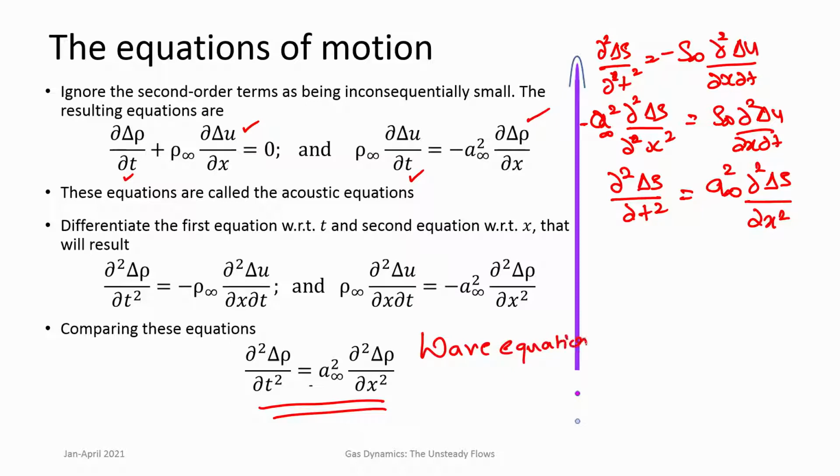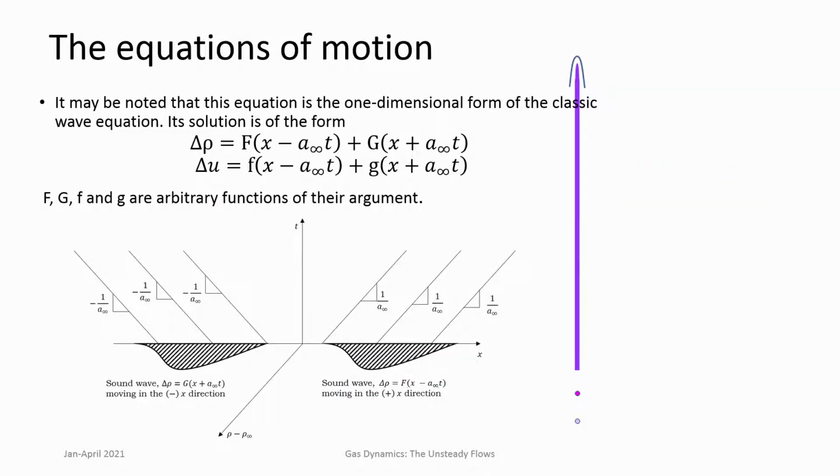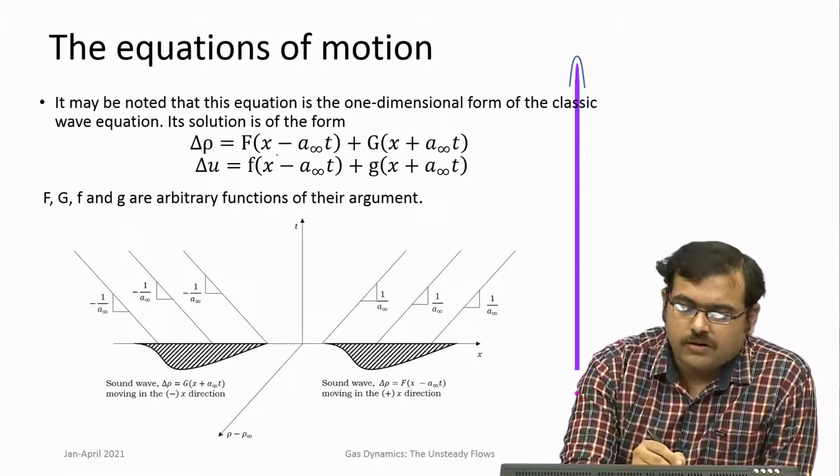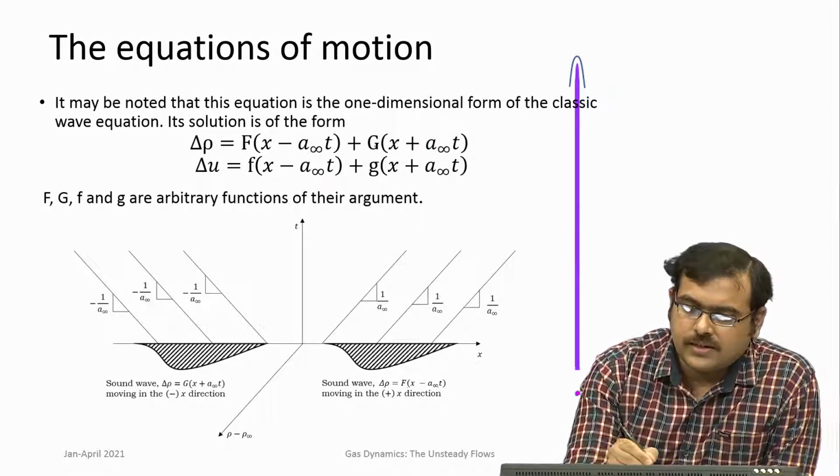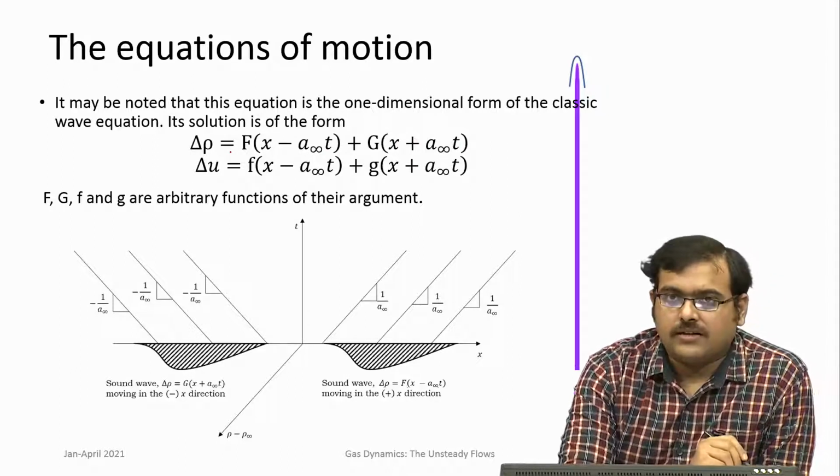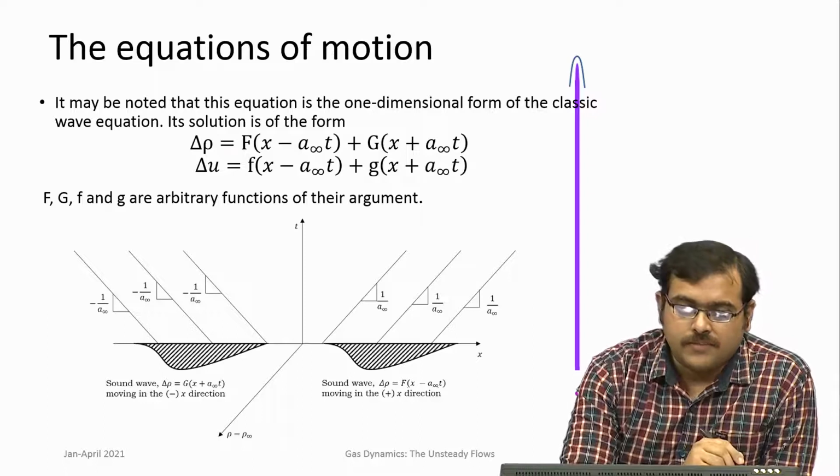A wave equation where the speed of the wave is a infinity, which is the speed of sound waves in that particular medium. So, the solutions to these equations in general are of the form f(x minus a infinity t) plus g(x plus a infinity t), that is delta rho, the small change in density.